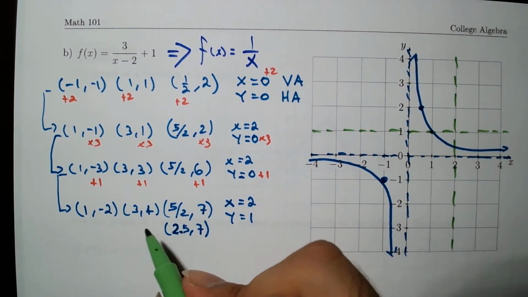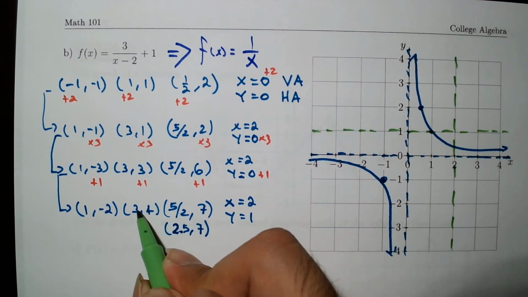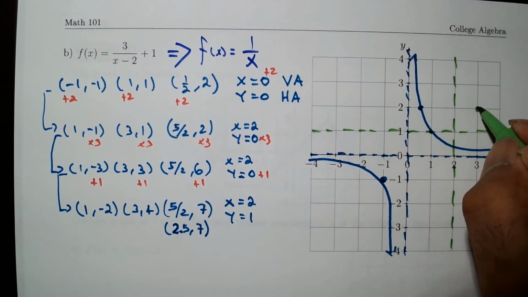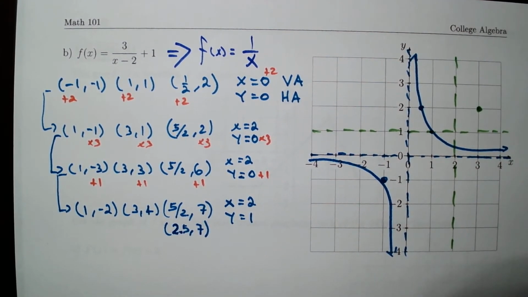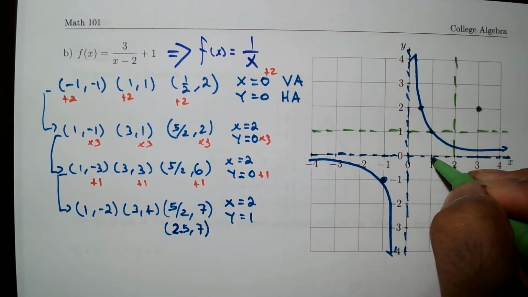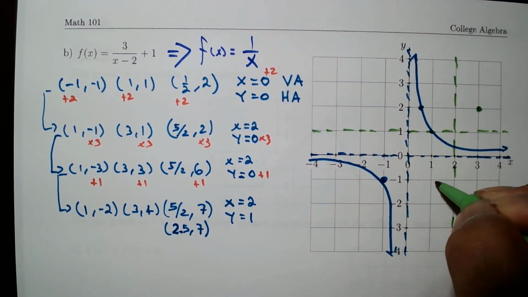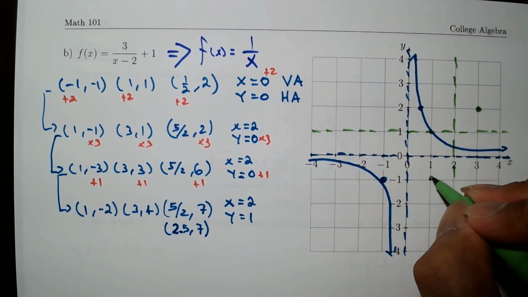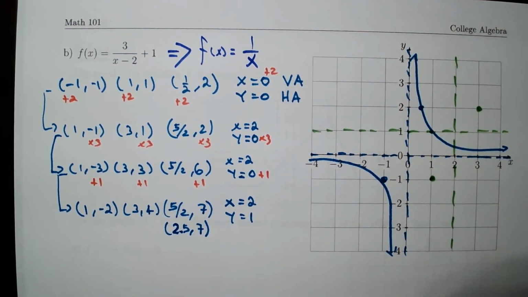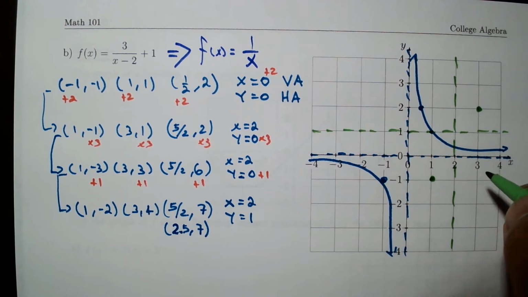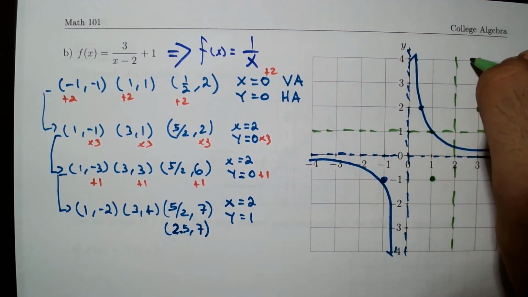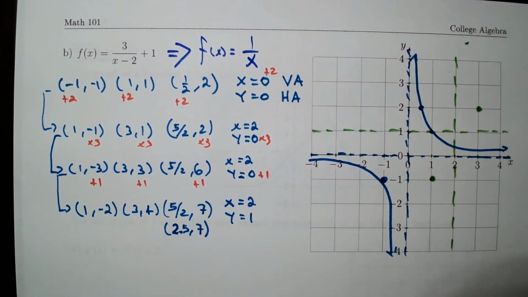I have the point (3, 4), this one right here, and then the point (1, -2). Then I had the point (2.5, 7), which is somewhere here.